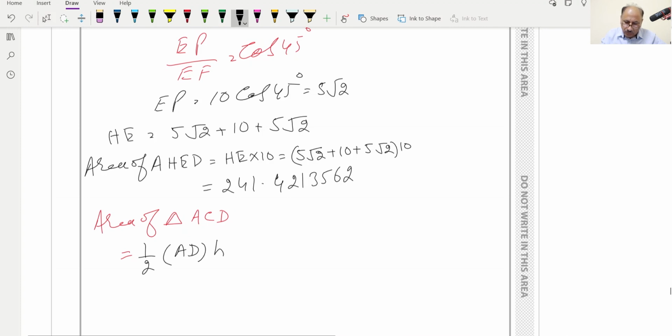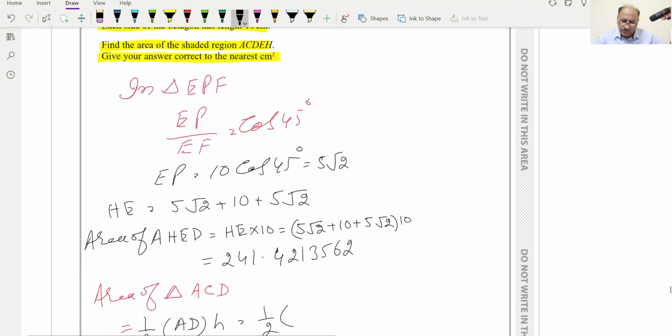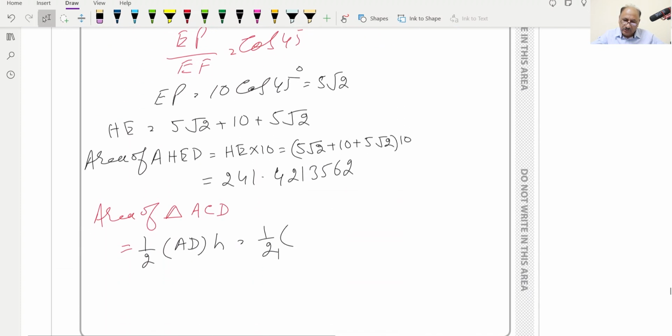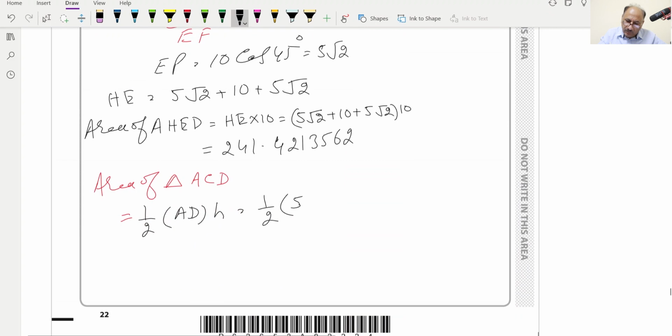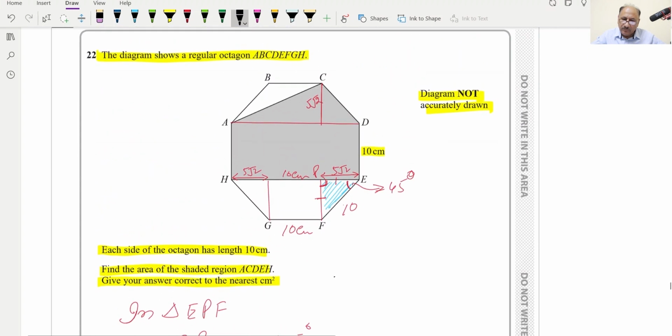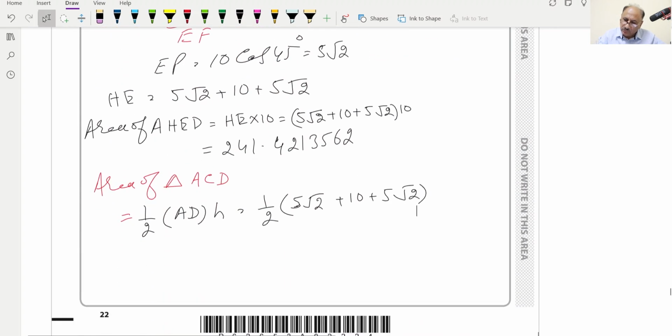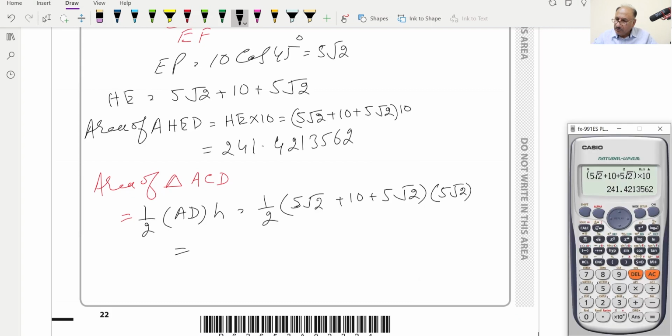This will be 1 by 2 into AD, which is 5 under root 2 plus 10 plus 5 under root 2, basically the length, multiplied by 5 under root 2, which is the height. We can calculate this, and this will be the area of the triangle.